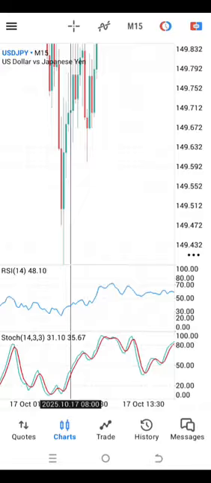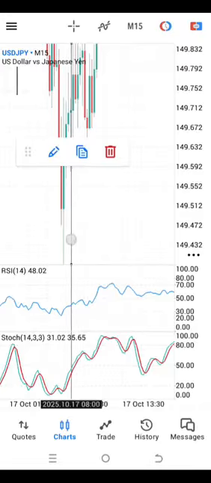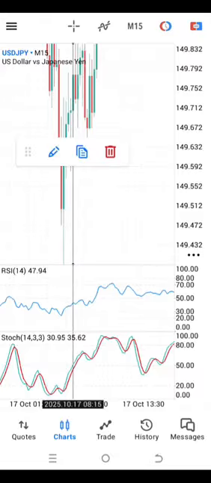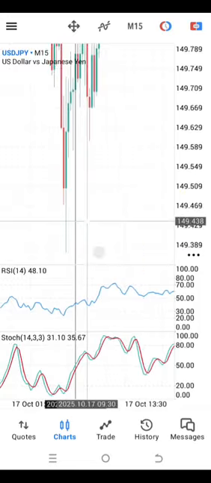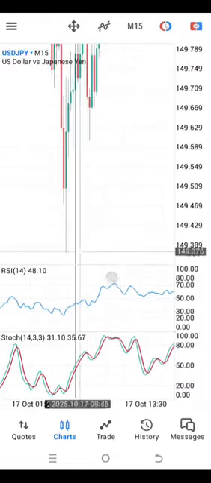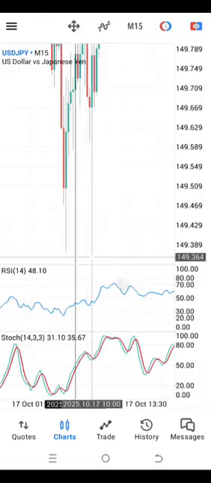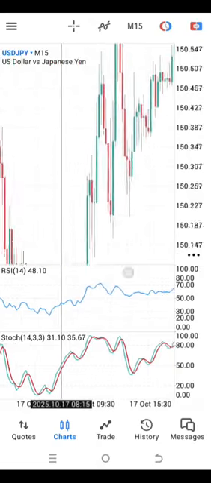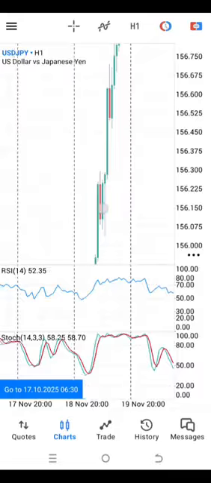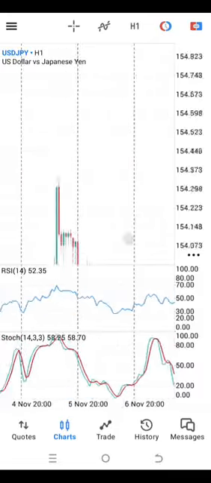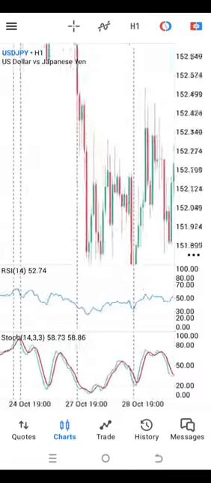On the 15 minutes time frame, what am I going to be looking out for? I simply want to see the stochastic oscillator move from level 0 to level 50. And then I storm into the trade, guys. Very simple. And then where do I place my stop loss? I'm going to place my stop loss just below the low here. And then I'm going to ride the trade all the way up, using the H1 time frame as my exit signal.